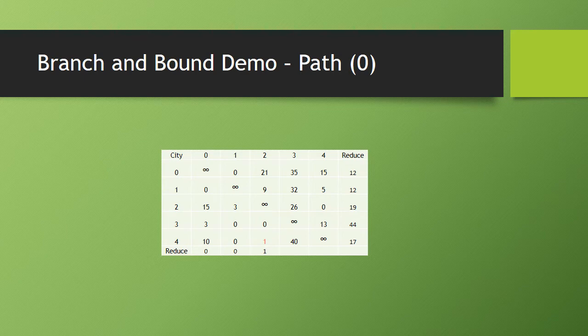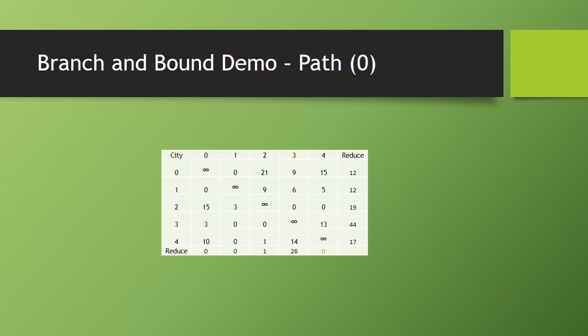Column 3 can also be reduced, and our minimum in column 3 is 26. So 35 minus 26 is 9. 32 minus 26, 6. 26 minus 26, 0. 40 minus 26 is 14. And then column 4 does not need to be further reduced.